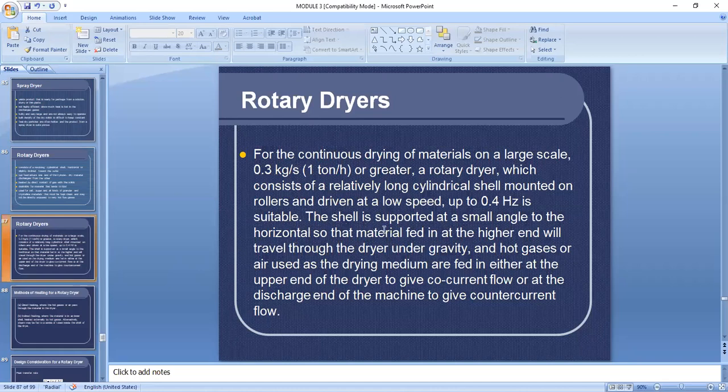So the shell is supported at a small angle to the horizontal so that the material fed in at the higher end will travel through the dryer under gravity. And the hot gases or air used as the drying medium are fed in either at the upper end of the dryer to give co-current flow or at the discharge end of the machine to give counter-current flow.